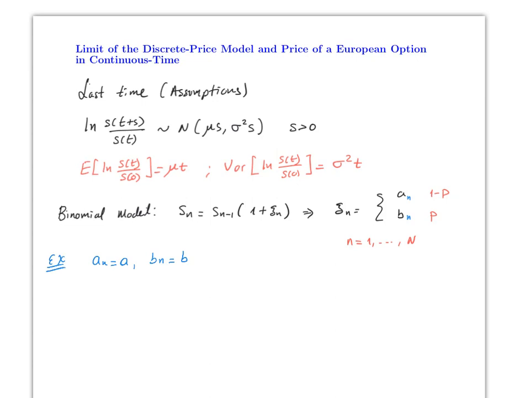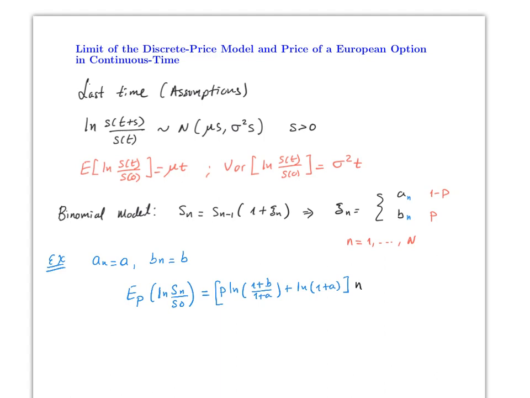Then we want to show that the expected value with respect to p of ln of S_n divided by S_0 is equal to p ln of (1 + b)/(1 + a) plus ln of (1 + a), everything multiplied by n.